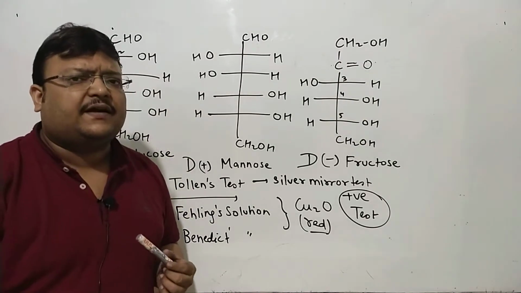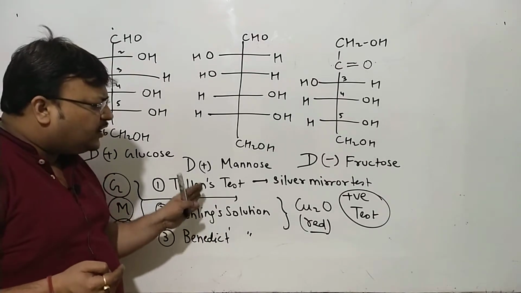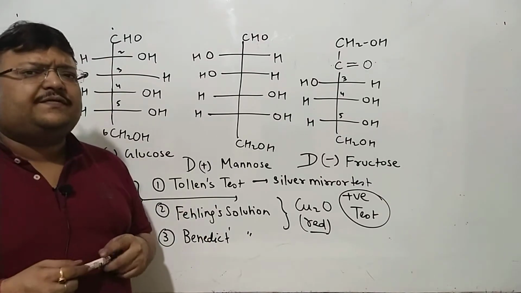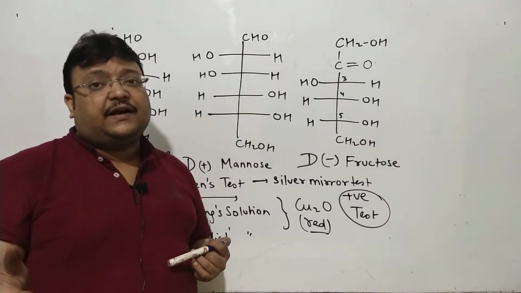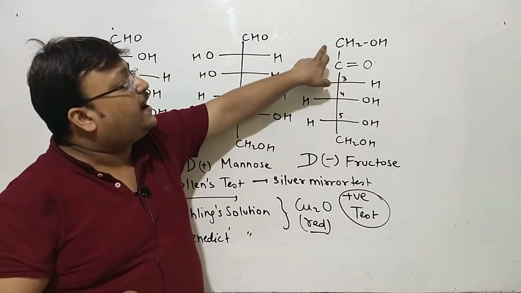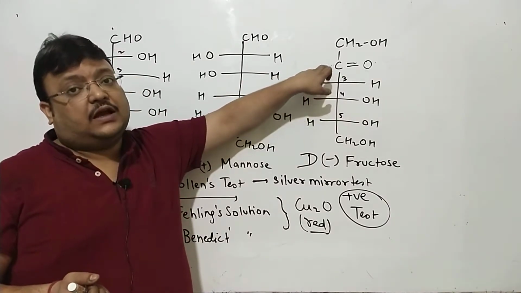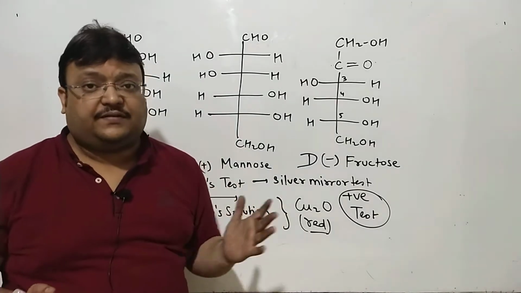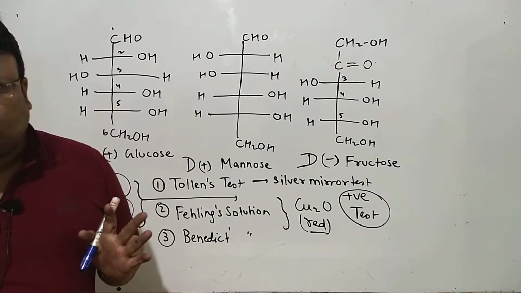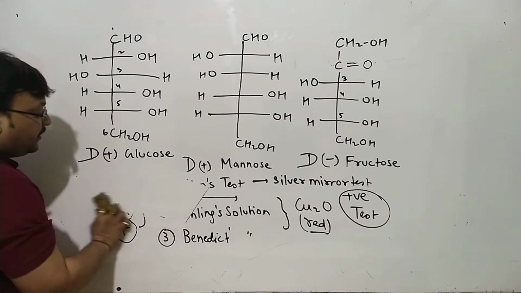Fructose also behaves like a reducing sugar. You do not expect a ketone to give this, but in aldehydes and ketones, you were taught that an alpha hydroxyketone can give a positive Tollens test. So all the three behave as reducing sugars. You will want to copy this at your convenience, and I'll tell you something very interesting.